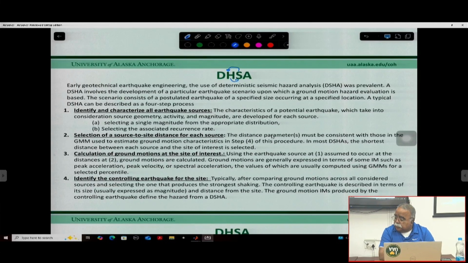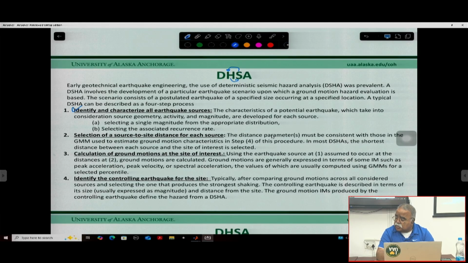For calculating the DSHA, we first need to identify and characterize the earthquake sources around the site. Second, we need to find out the source-to-site distances.